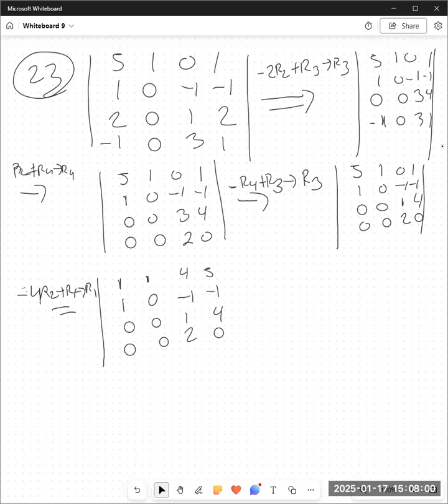I've got negative row 1 plus row 2 gives me a new row 2.